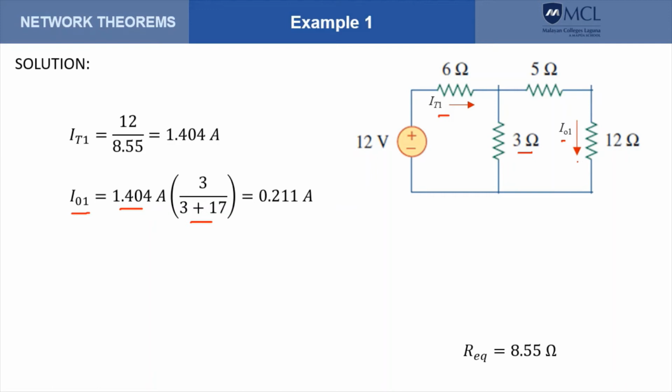To compute the current in this branch, the numerator should be the resistance on the other branch divided by the total resistance of the two branches, so 3 plus 17, and that will give us 0.211 amperes. So this is the component of the current through the 12 ohms due to the 12 volts.